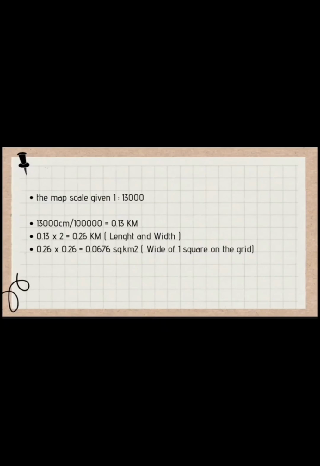So the area of one square on the grid is 0.26 multiplied by 0.26, and we get around 0.0676.